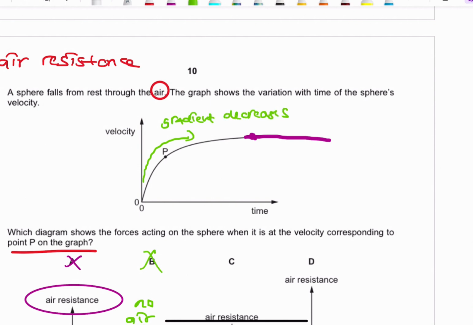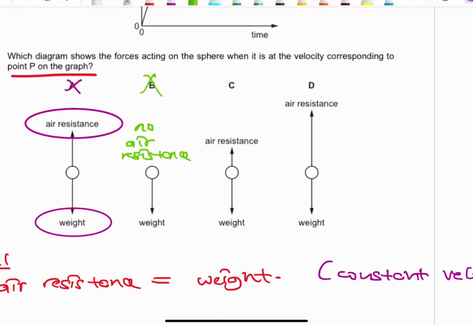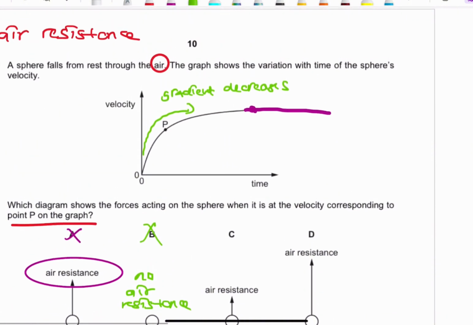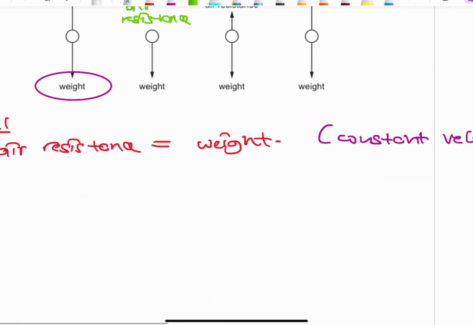So I can't really say that the air resistance is greater than the weight. But in C, I can. Because if the weight is greater than the air resistance, right, it means that if the acceleration is going to reach zero at some point, the air resistance will keep on increasing, right? But it can't be greater than the weight because the object will have to move upwards, right? So the answer is C.